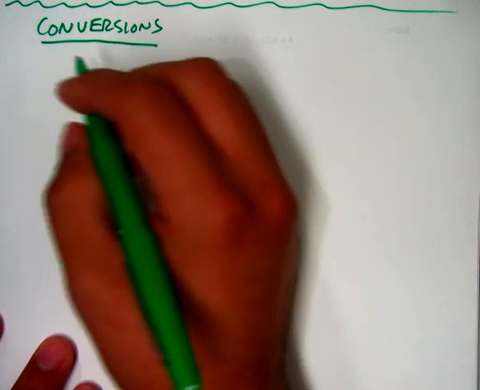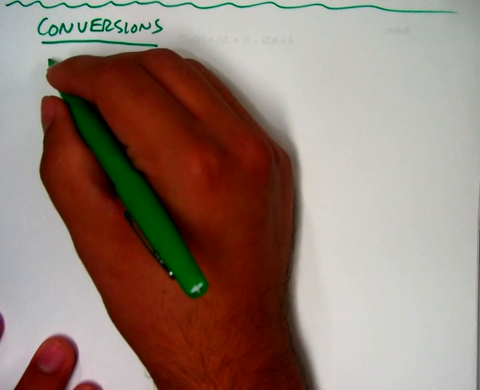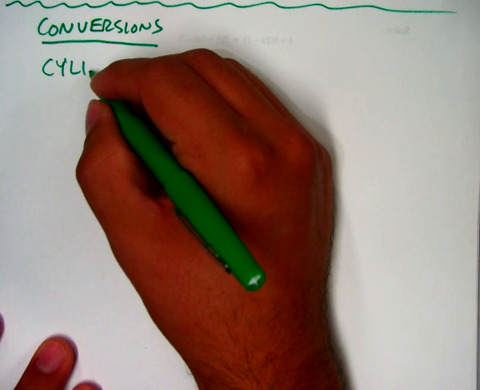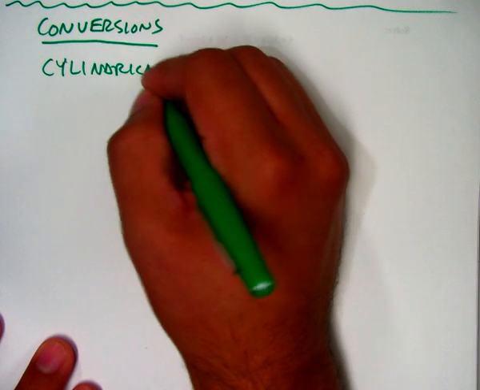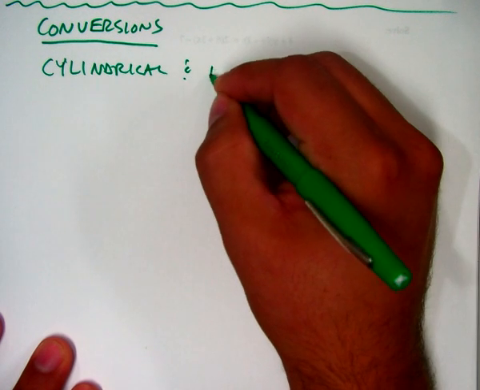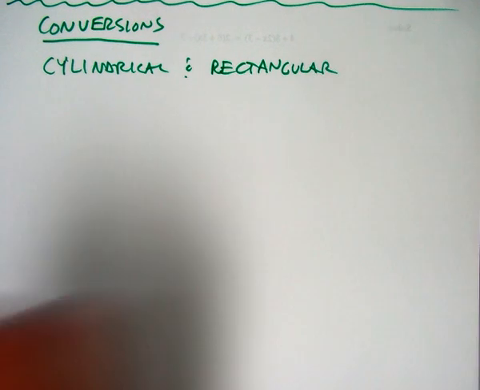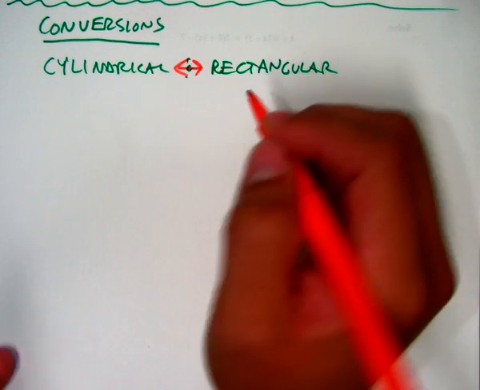So, let's say we are dealing with cylindrical and rectangular, and we want to go back and forth between these. So converting back and forth from cylindrical to rectangular.